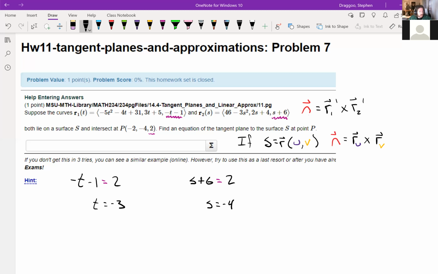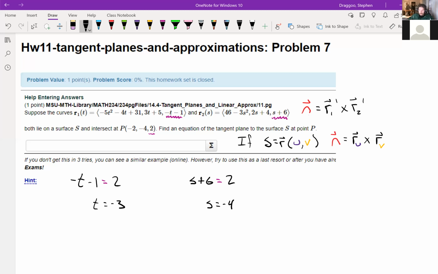Answering a quick question in the chat, would it be R partial U prime or just R partial U? Notice that in the way that I've expressed both normal vectors as cross products of derivative vectors, I've used two separate notations for derivative. In the top equation, R1 prime cross R2 prime, I'm using the Calc 1 notation for derivatives because they're just an equation of a single variable. So I can just say R prime and that's the derivative.